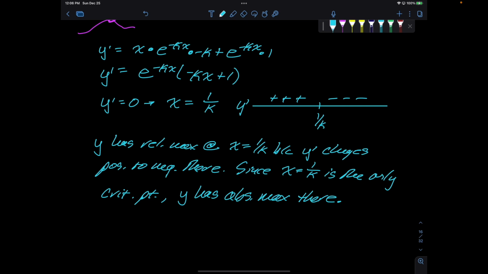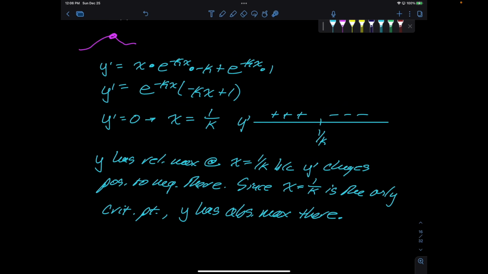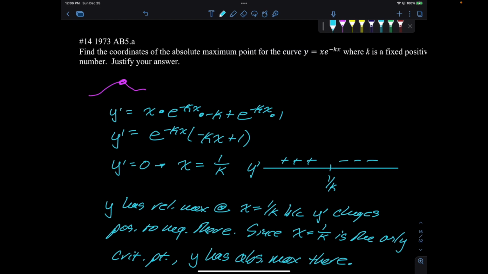It's not possible for it to get any higher than where it is here, because to get higher, you'd have to have another critical point so that you could turn around and go back up. So the logic is really sound. I use this as my justification frequently.